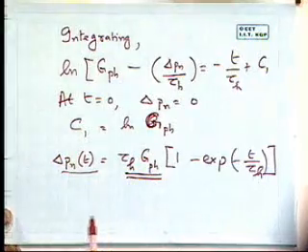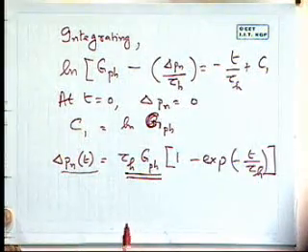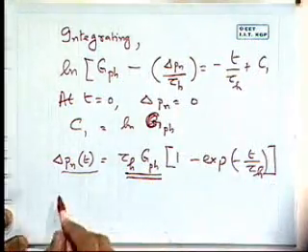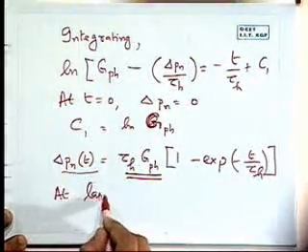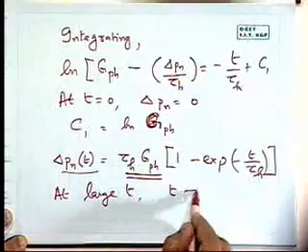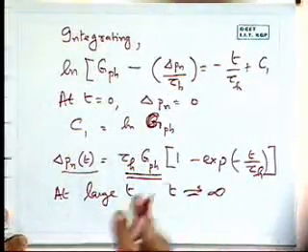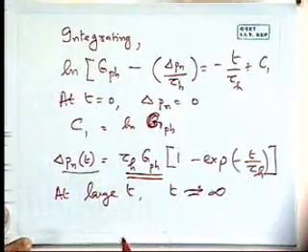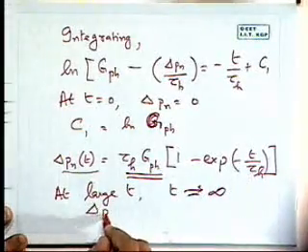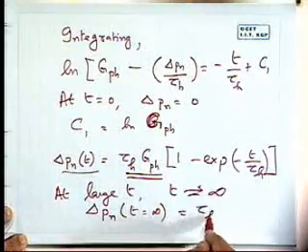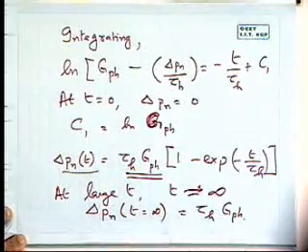In other words, the excess minority carrier concentration will saturate in time. It does not go on increasing indefinitely. So at large t, or t equal to infinity if you want, though it doesn't have to go that far, beyond tau h, we end up with delta Pn at t equal to infinity being equal to tau h GPH.